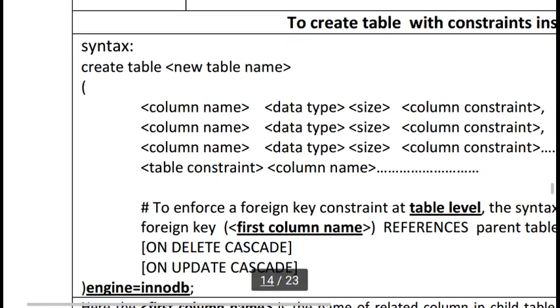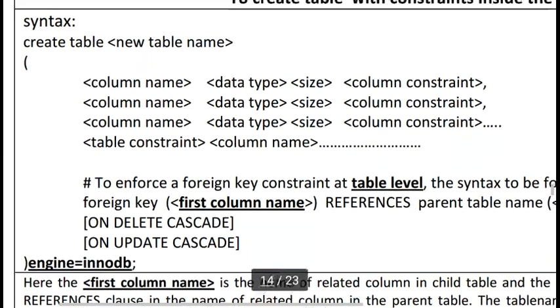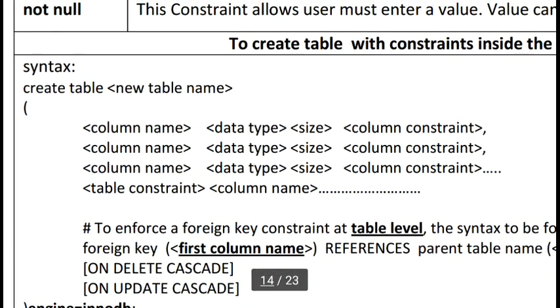We use an opening small bracket, then the column name, then the data type, then the size, then the column constraint. We already discussed primary key, foreign key, not null, check. Then we use a comma, then again the second column name, data type, size, column constraint, then again a comma. Suppose we have a next column, we use a comma, then the column name, data type, size, constraint, and we continue.